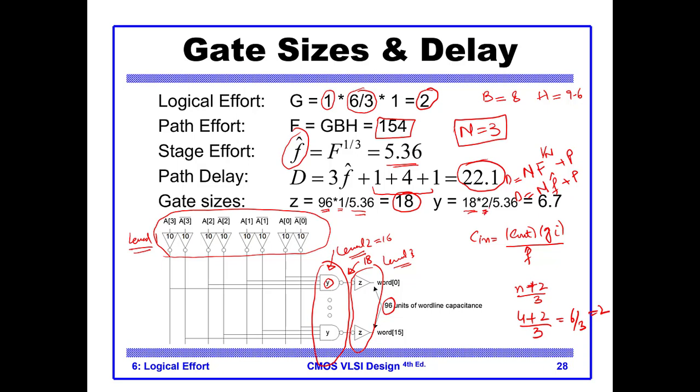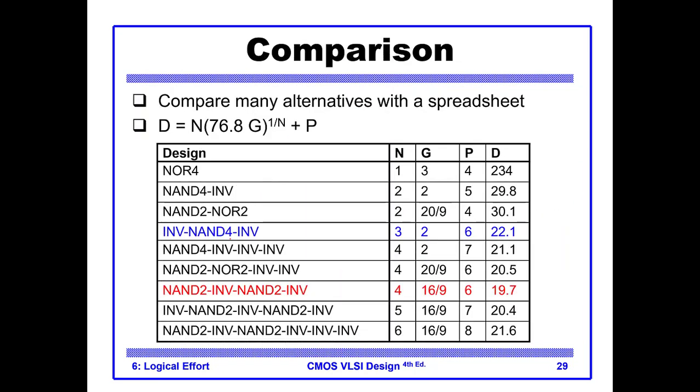So that's why 2 comes from the logical effort of the 4-input NAND gate, divided by F cap, which is 5.3, and we get 6.7 capacitance here. And the size of the input capacitance is already given in the question, which was 10. So now we have already determined all the things that were wanted.